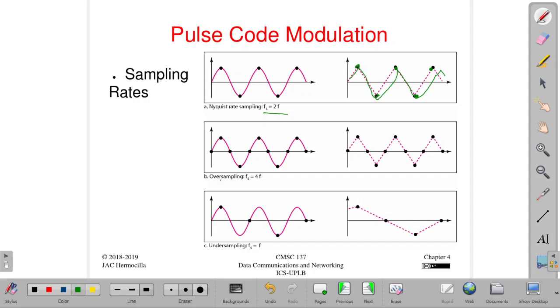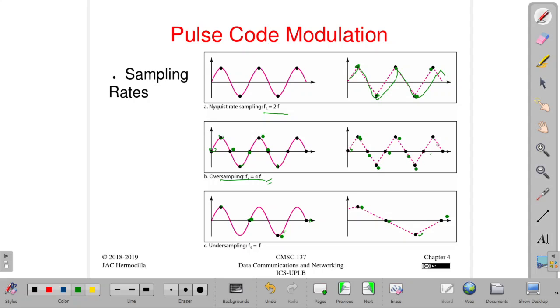Now if you have an oversampling, this will be what you'll get, because you sample four times the original frequency, and for undersampling, you get these points here. So you will notice that if you increase the sampling rate, of course you're going to get more sampling points.